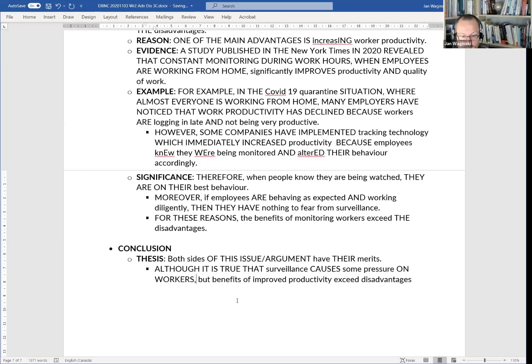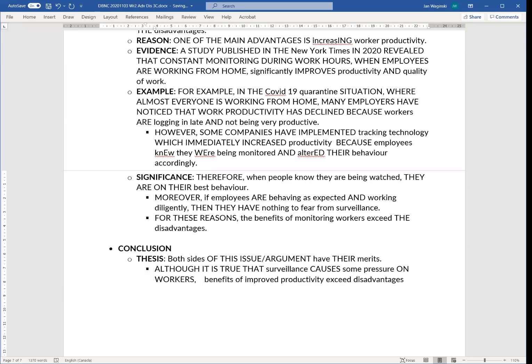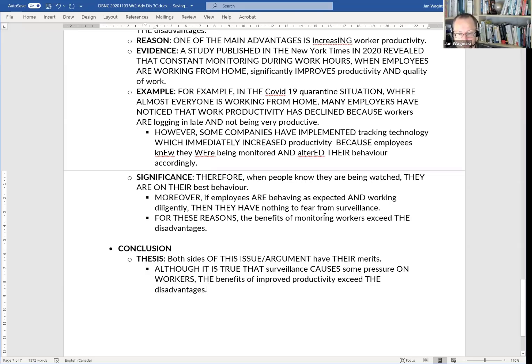So we started with although, we don't put but. If you start a sentence with although, though, even though, or while, this contrast is understood, so you don't put but later. Although it is true that surveillance causes some pressure on workers, the benefit of improved productivity exceeds the disadvantages. Good. Done.